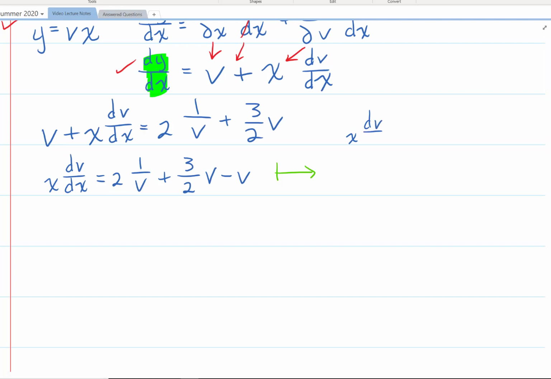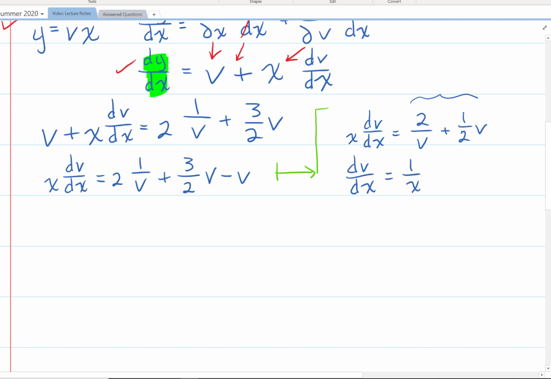I don't want you to get lost here. x dv/dx equals 2 over v plus, this will just be 1/2 v, right? 3/2 v minus v is 1/2 v. Let's combine these two, and at the same time we'll move the x over as a 1 over x.